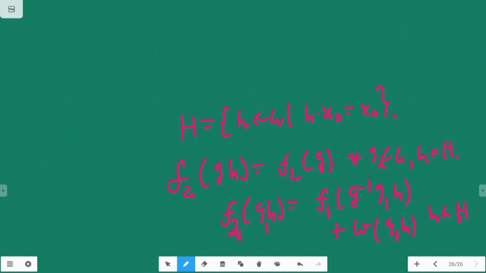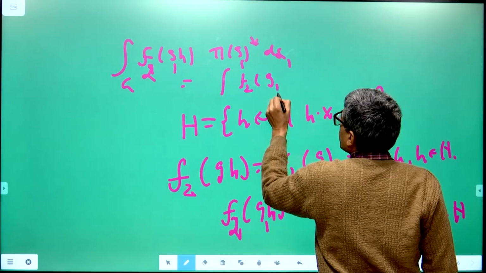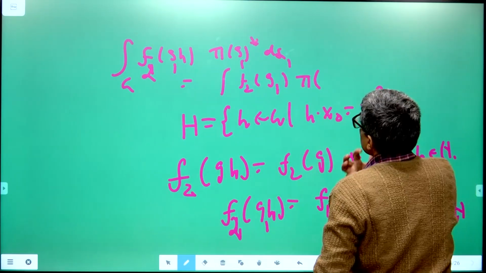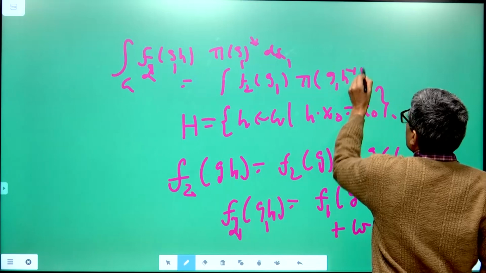So, if you take the Fourier transform on both sides, what do you get? First you take the Fourier transform with respect to g1. Here h varies over the subgroup, which is called the little group or the stabilizer group or the isotropy group. So, the integral of f2 of g1h multiplied by pi g1 star dg1 becomes the integral of f2 of g1 into pi of g1 h inverse star dg1.